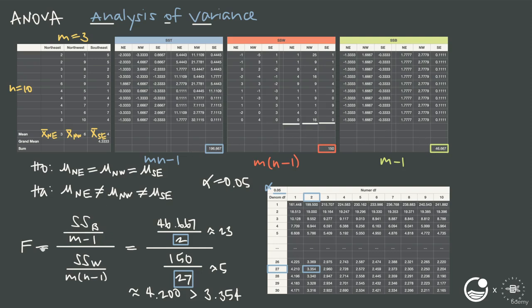We'll know immediately the value of our F statistic, and the software, instead of looking this statistic up in an F table, will calculate automatically the probability, the p-value, of finding an F value that's greater than or equal to the F statistic that we found. If that probability is less than or equal to the alpha value that we set, then the conclusion will be that we can reject the null. But even if we're using software, this is what's actually going on behind the scenes.